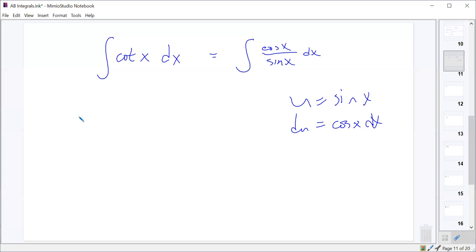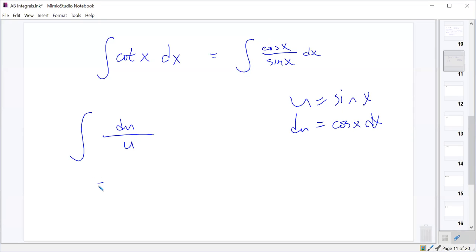And if we were to replace that in here now, cosine x dx is in the numerator, right? So that'd be a du over u. Is that one that we know how to integrate? ln u plus c.